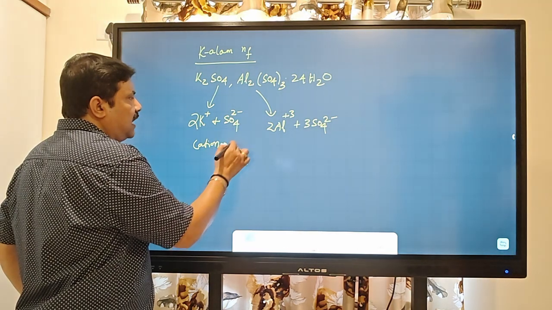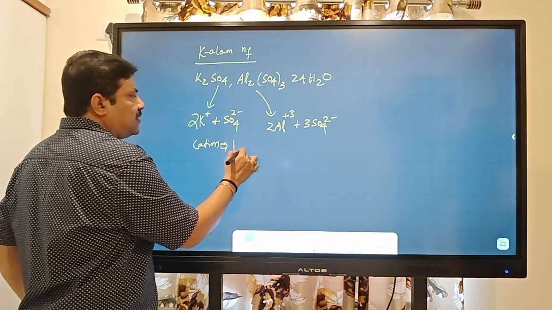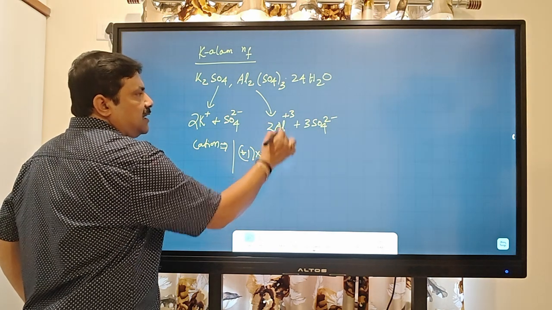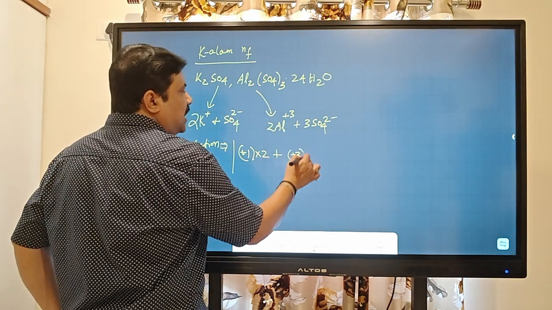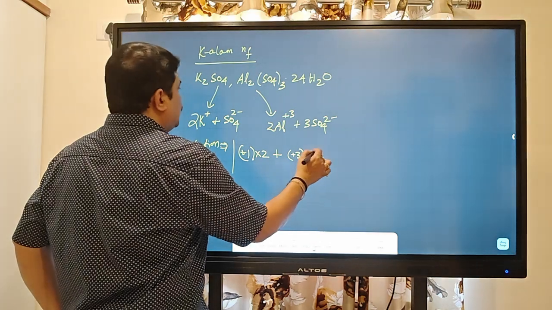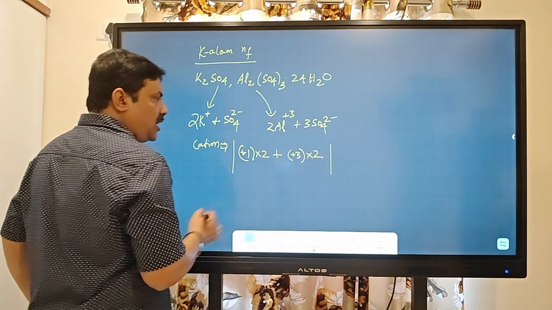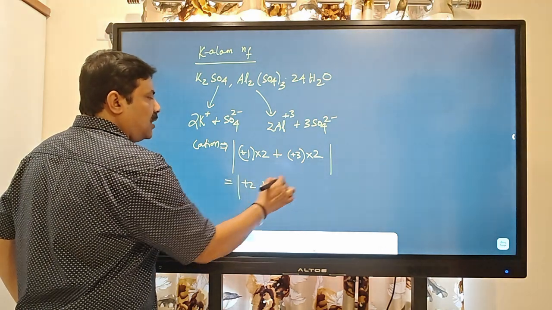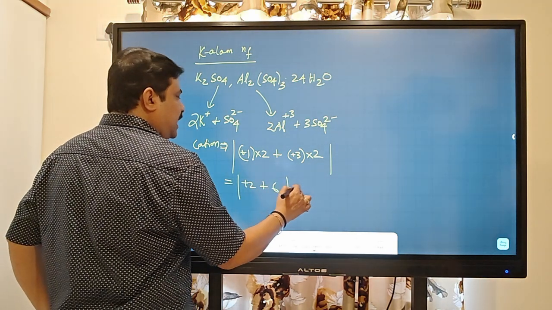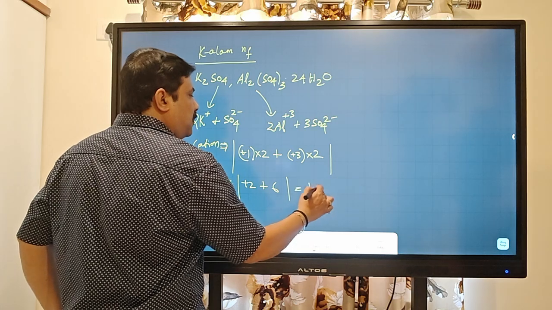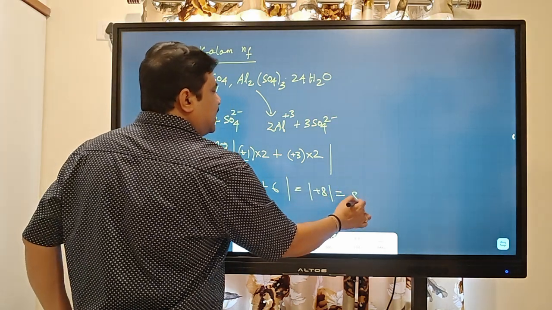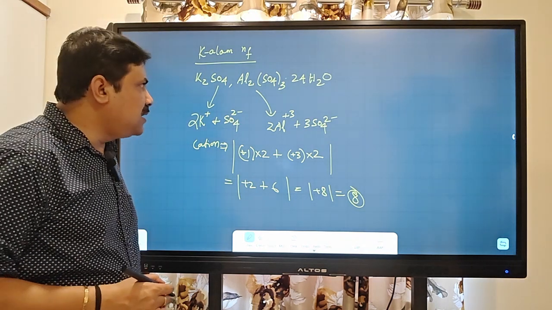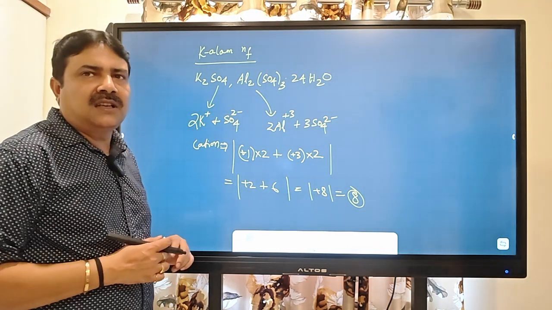From the potassium side, each potassium carries plus 1 unit of charge, and the number is 2. Each aluminum carries plus 3 units of charge, and the number is 2. Taking the mod values, we get plus 2 and plus 6, so mod of plus 8, which is 8. That means the N factor for potassium aluminum sulfate 24H2O, which is potash alum, is 8.